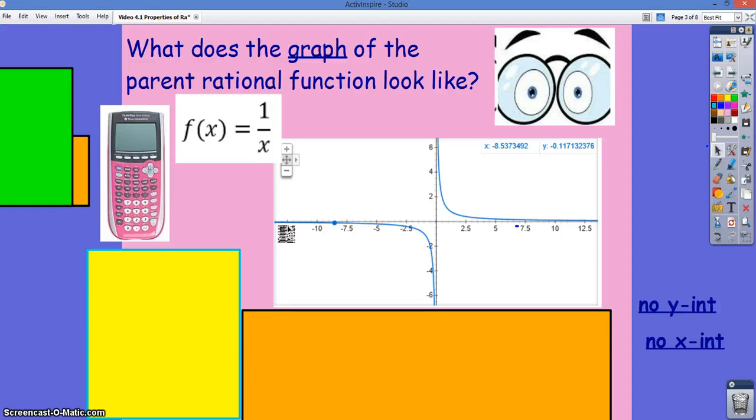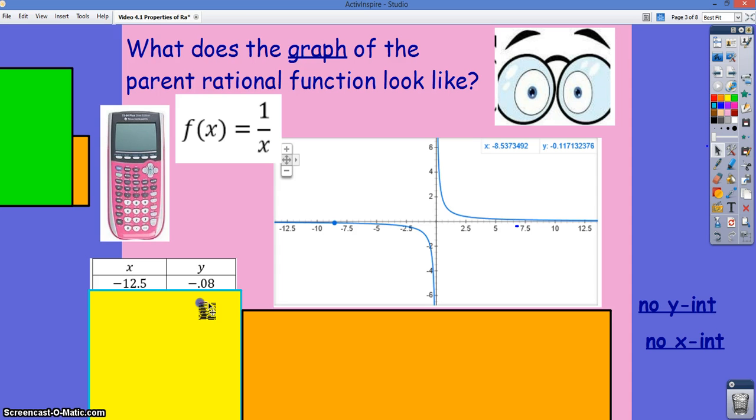Well, let's test that. Will y ever actually equal 0? Now, let's plug negative 12.5 into our function f of x. So 1 over negative 12.5. What y value will that give us? Negative 0.08. So yeah, it's really close to the x-axis, but doesn't actually equal it.